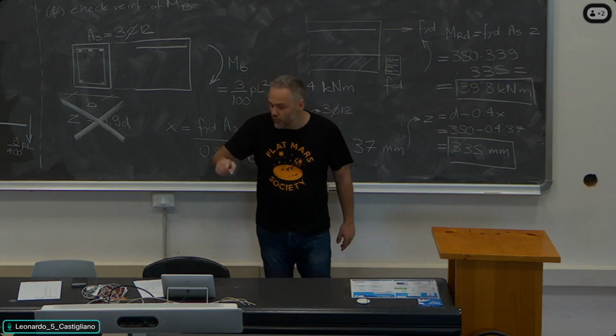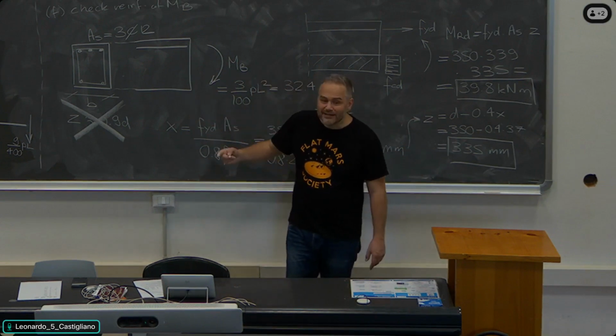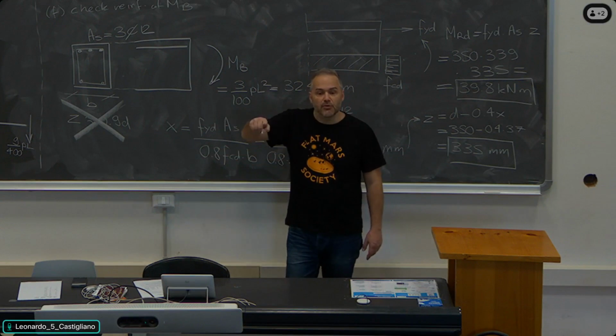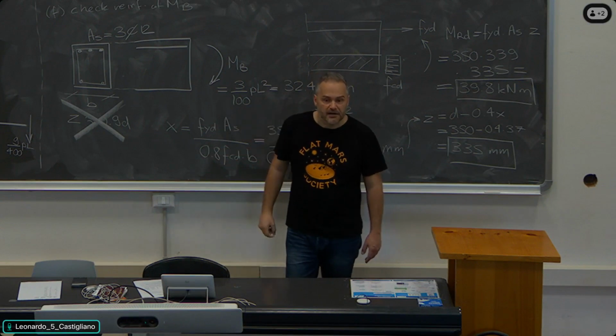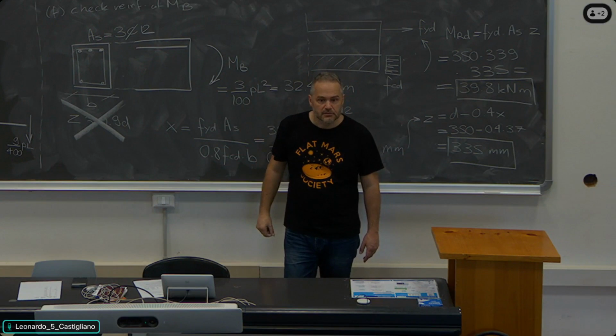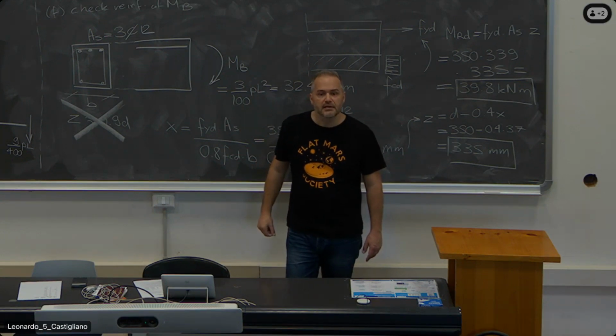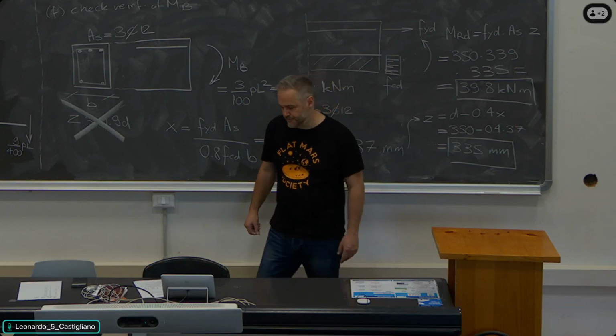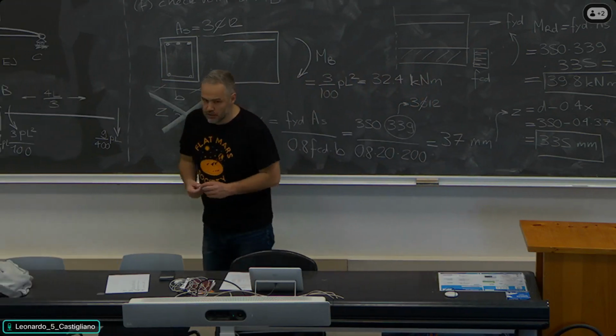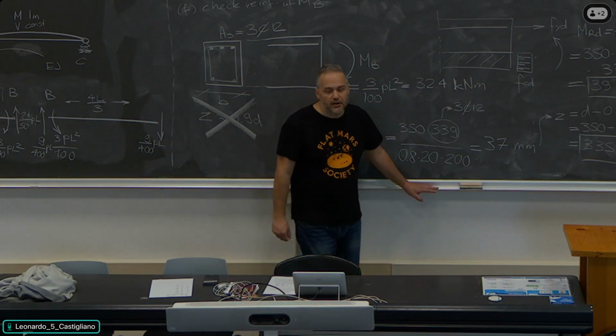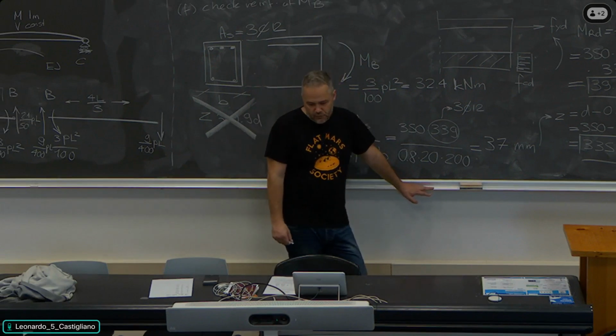Try to see with this formula here whether the point of maximum bending moment works with 5 rebars or not. Okay? And whoever wants can then show me the numerical evaluations. When you're finished, I will erase the blackboard, and we are finally at the last assignment.